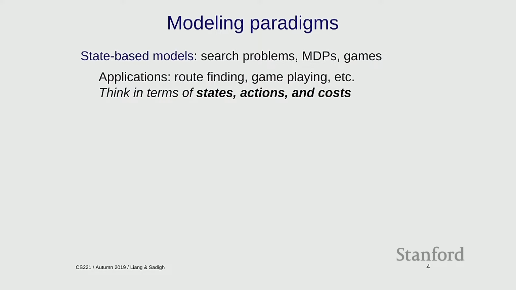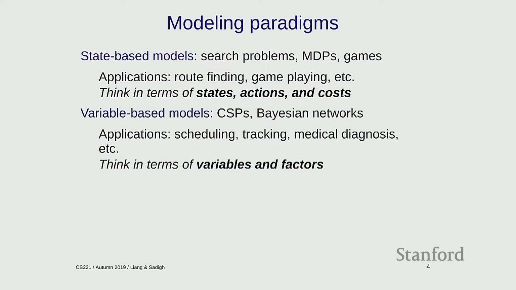Your goal is just to find paths or contingent paths or policies in these graphs. Then we shifted gears to talk about variable-based models, where instead we think about variables and factors that constrain these variables to take on certain types of values.